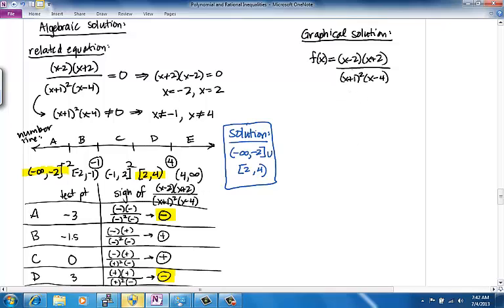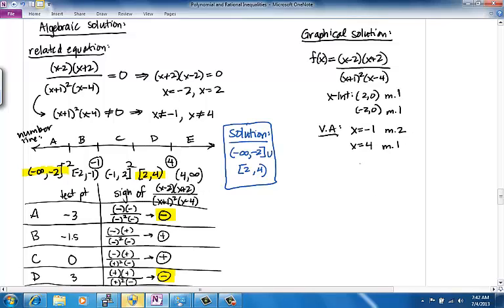This graph has x-intercepts at 2, 0 and negative 2, 0. Has vertical asymptotes at x equals negative 1 and x equals 4. Both x-intercepts are multiplicity 1, but the vertical asymptote at x equals negative 1 is multiplicity 2, and at x equals 4, multiplicity 1.